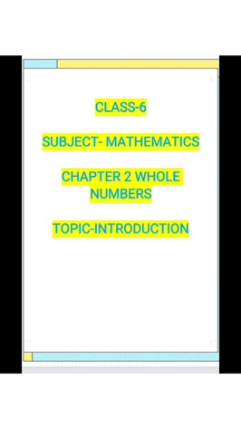Now today I am going to start chapter 2, that is whole numbers. So let's see the introductory part of this chapter and what you are going to study in this chapter.